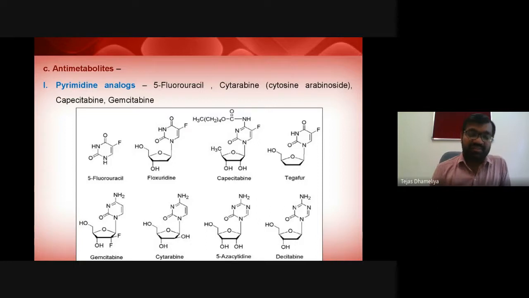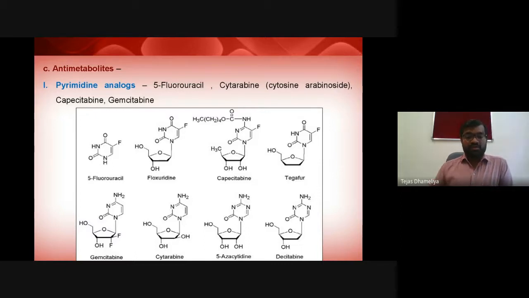So antimetabolite: anti basically means opposite, to make the changes opposite. Metabolites are whatever are part of metabolism. Let us say you have already studied carbohydrate metabolism, lipid metabolism, peptide metabolism in your first year Pharm D bioorganic chemistry.